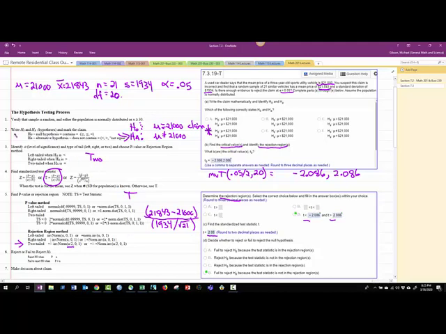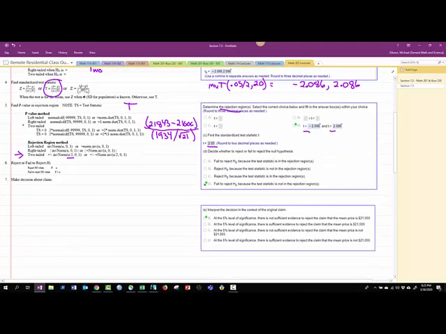Okay, so we have now worked our way through. We've come all the way down through 5. Step 6. The next step is to make a decision about the null hypothesis. The question now, when we're doing the rejection region method, is the test statistic in the rejection region or not? Well, see, it's 2.0. The rejection region is either less than negative 2.086. Well, this is positive. It's not over there.